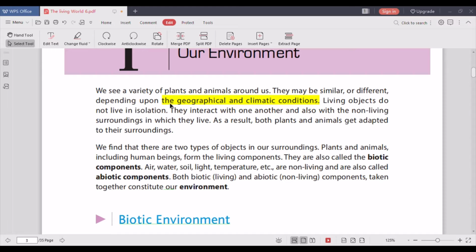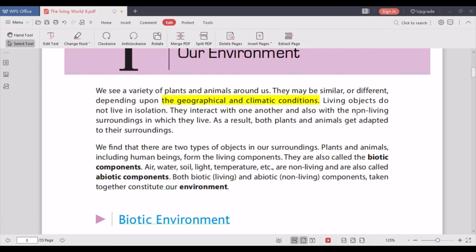So here the geographical and climatic condition means the polar bear cannot live in hot areas and the camel cannot live in snow covered areas because of the climatic and geographical conditions.